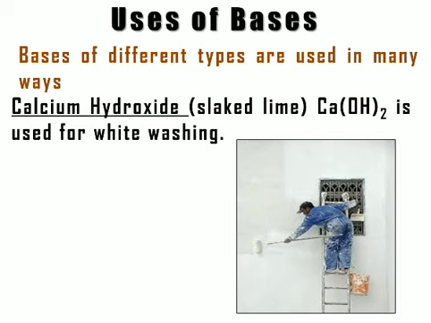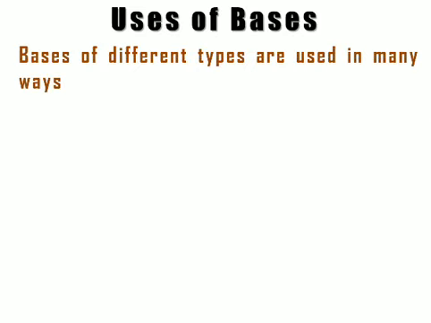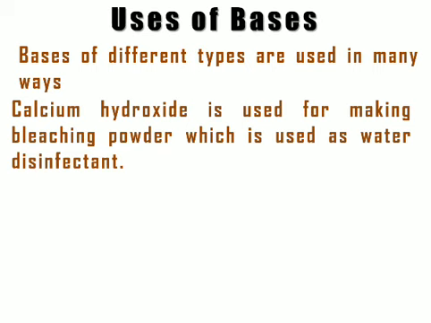Similarly, calcium hydroxide, slaked lime, is used for making bleaching powder. Remember, bleaching powder is calcium oxychloride, which is used as a water disinfectant.